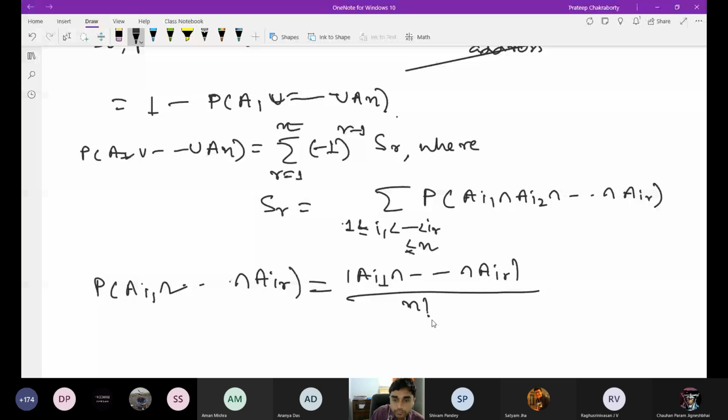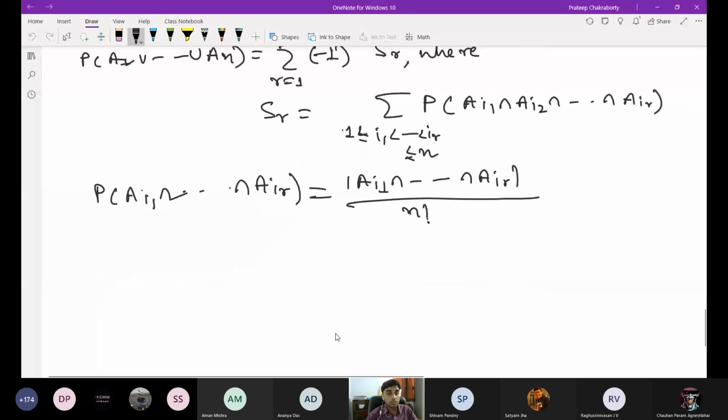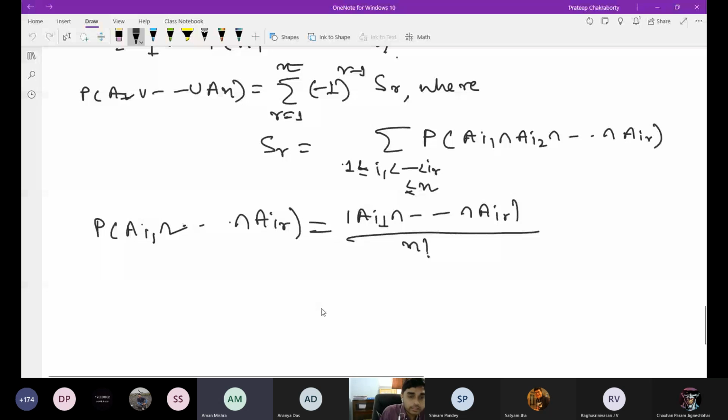Now, what is the number of elements in AI1 intersection AI2 intersection AIR? Only one case? Is it so? Okay, take this. N minus r factorial. Very good, very good.